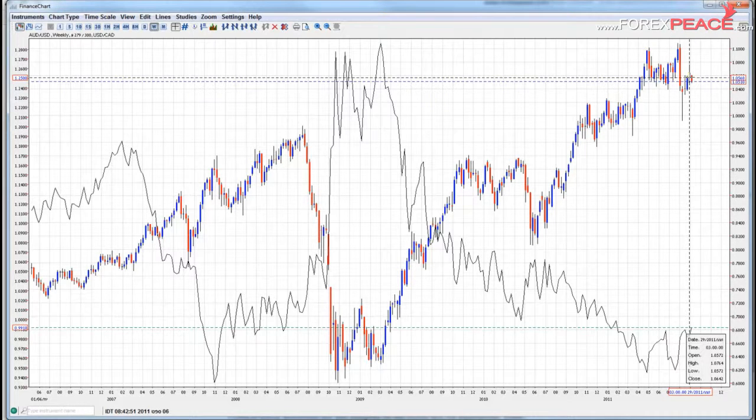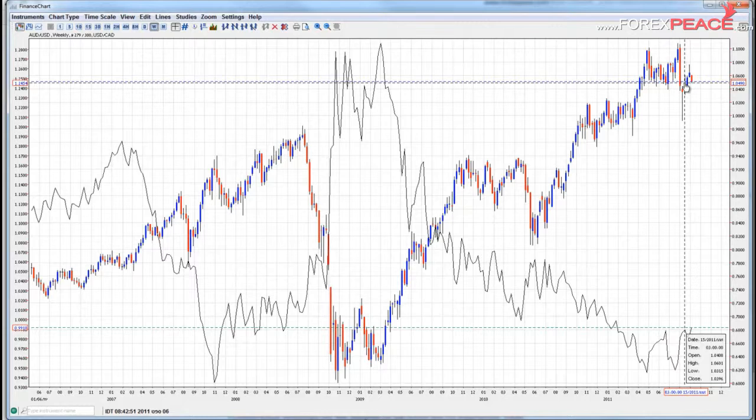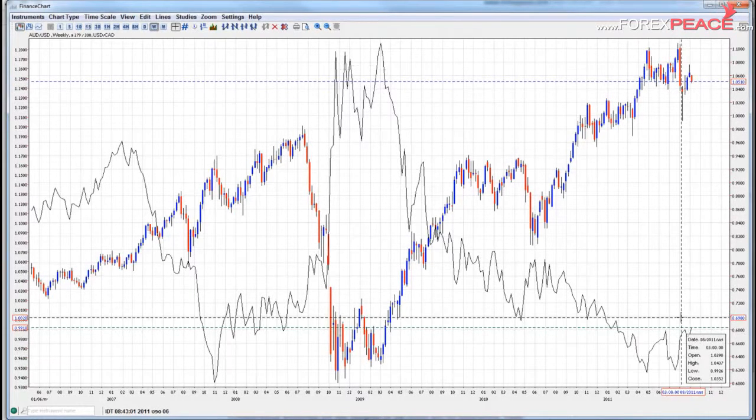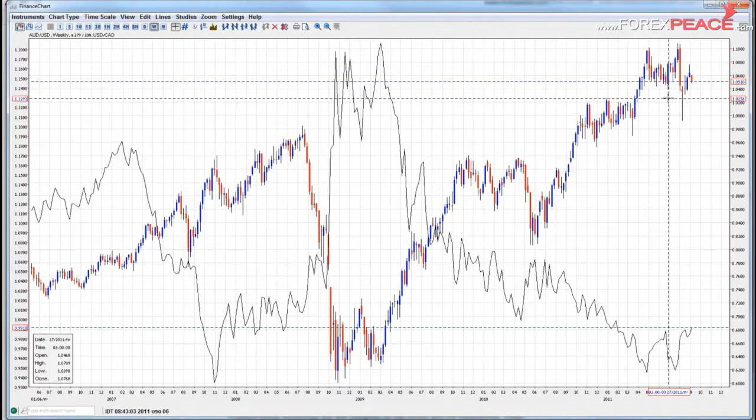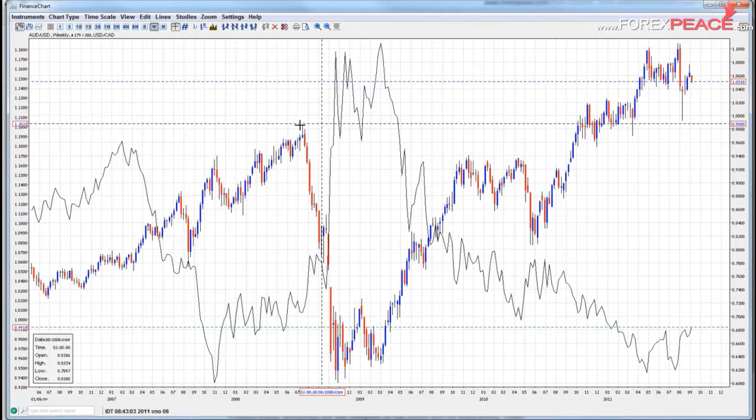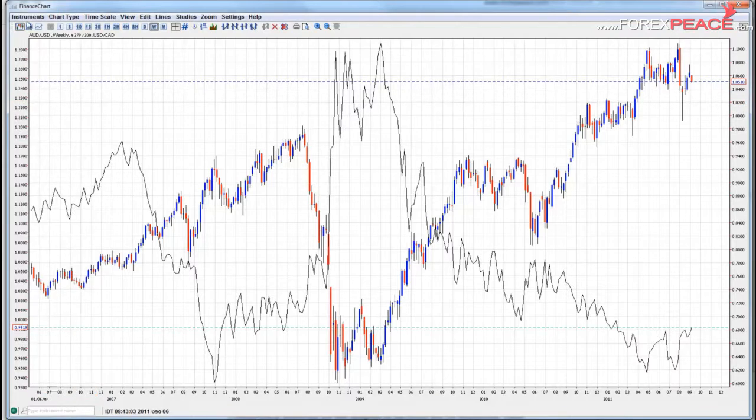Well, this can help you in a few things. One, if you have a bad trade with the Aussie and then you see a long signal with the Canadian, then you may remain in your losing trade of the Aussie. This is only one example.